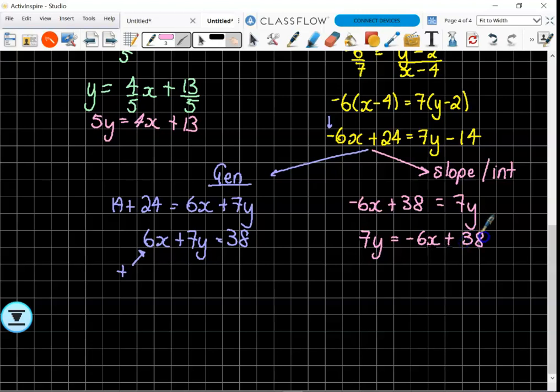Is that okay? And now to get y by itself, what do we have to do? Get rid of the times 7, divide by 7. Now, Aston, he might go, I want to write it like this. Xavier might go, I want to write it like this. Both okay?